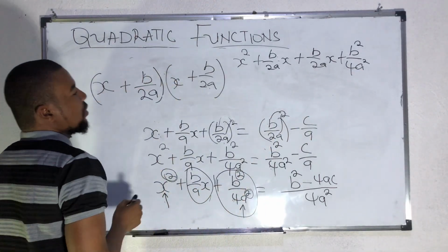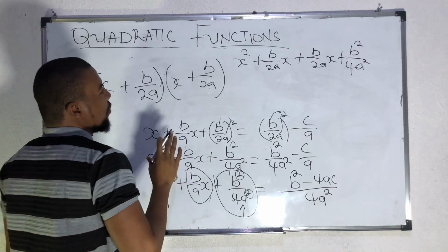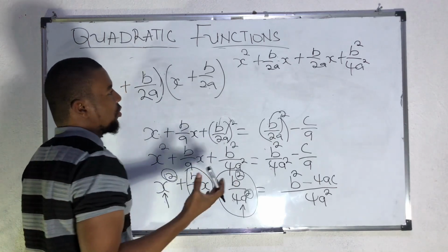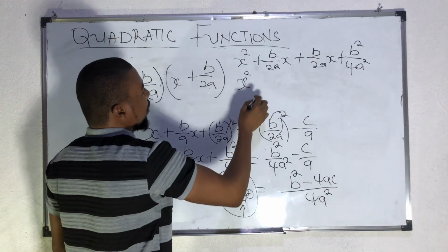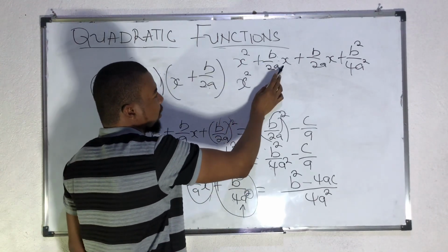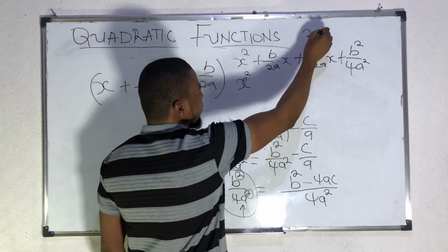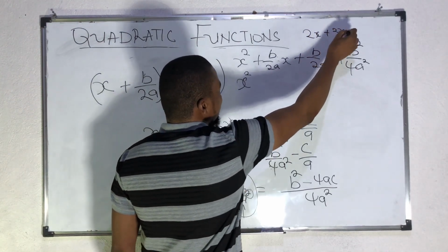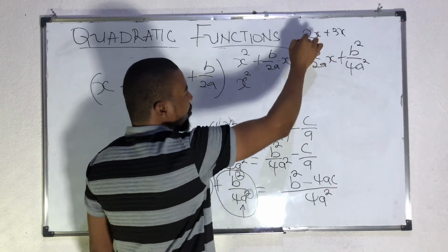Okay, now let's simplify this very expression. I never wanted to do this in the course of this video, but for the sake of proper comprehension, that was why I chose to do it. Now, we have an x squared here. b over 2a x plus b over 2a x, they are like terms, like you have 2x plus 3x, okay? The x and the x are like terms, so 2x plus 3x will give you a 5x.